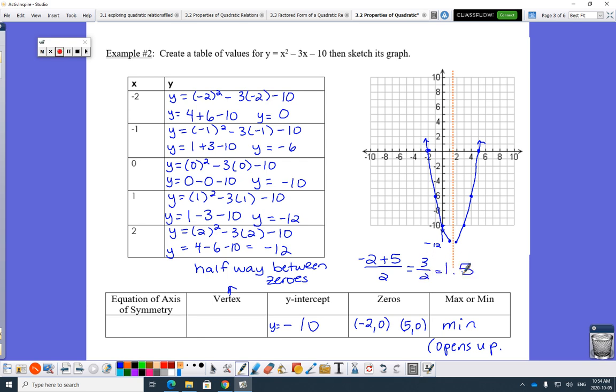Okay? So if I know what x is, and I have an equation, can I find y? Yeah, we can do the same thing that we did here.